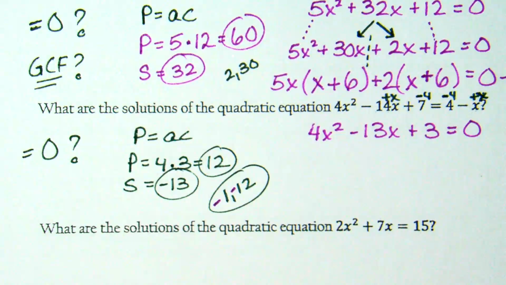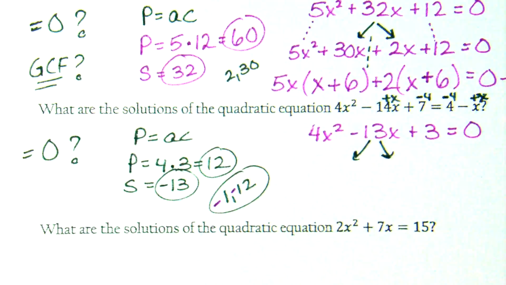Split that middle term. Let's see. Which way do you guys want to split this? We can do negative 1 minus 12 or negative 12 minus 1?